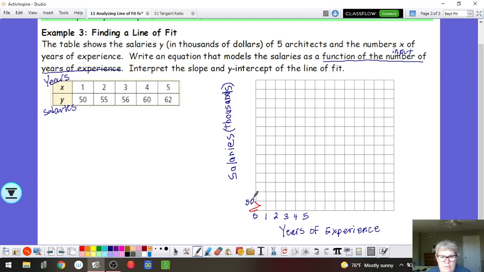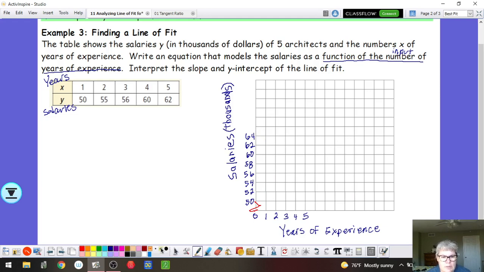And I believe it would be okay to go by twos. So 50, 52, 54, 56, 58, 60, 62, 64, and that's more than enough.